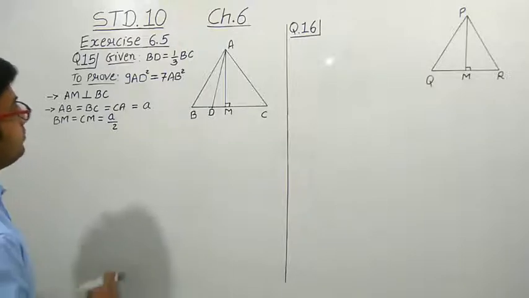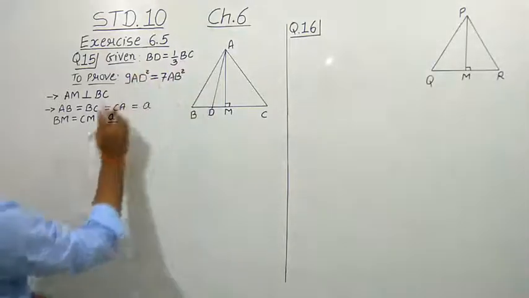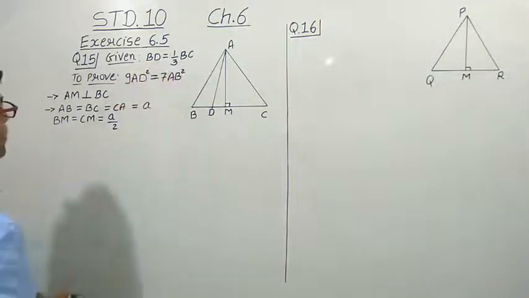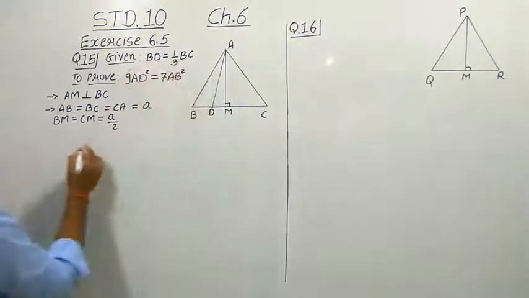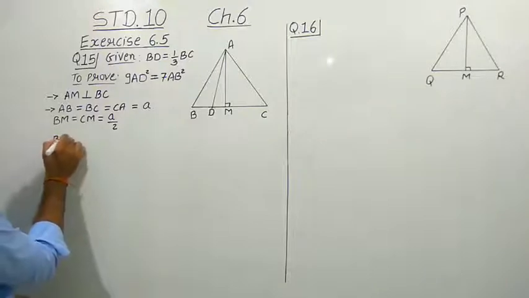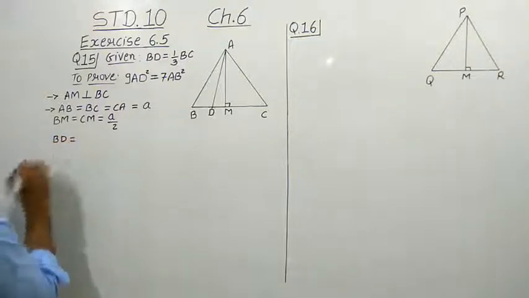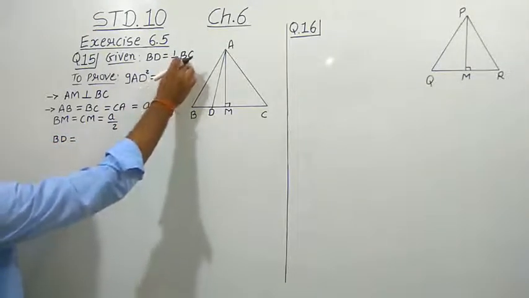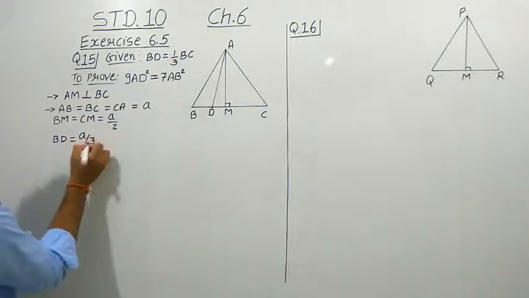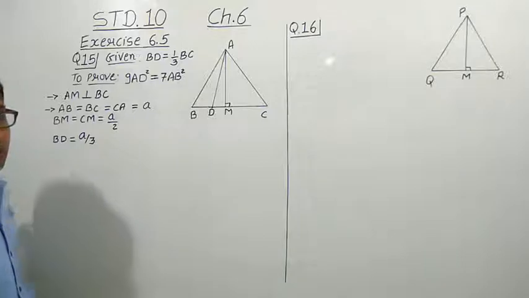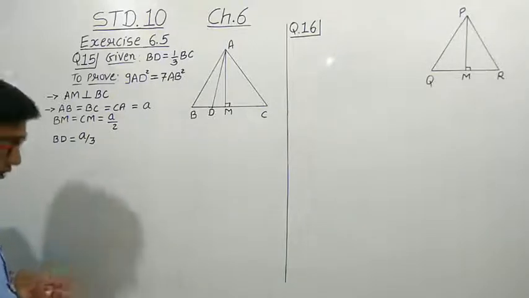Now if we want to find out BD, how can we find it? Here we can put down the value of BC. BD is equal to 1/3 of BC. Now what is BC? BC is a. That means a upon 3. Right? So see what we are doing here.